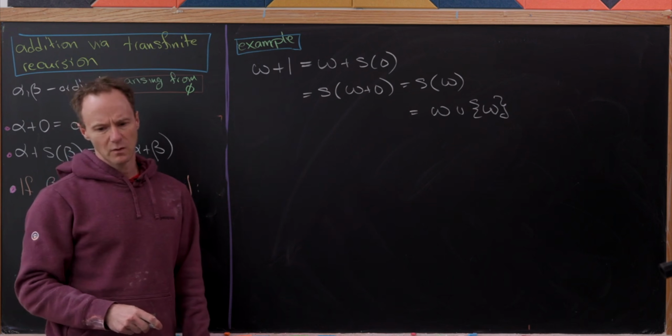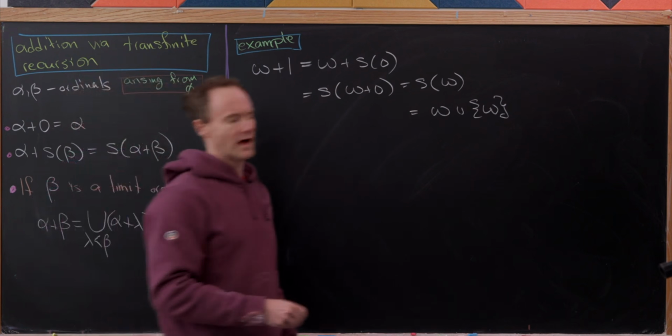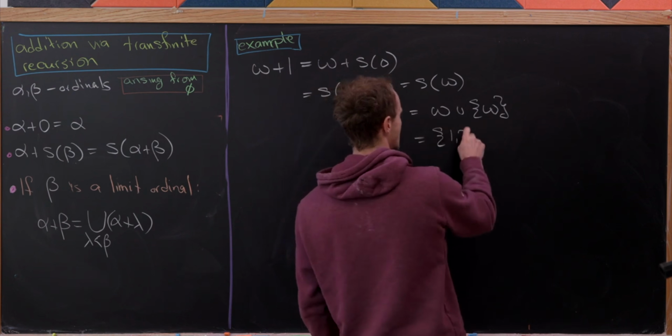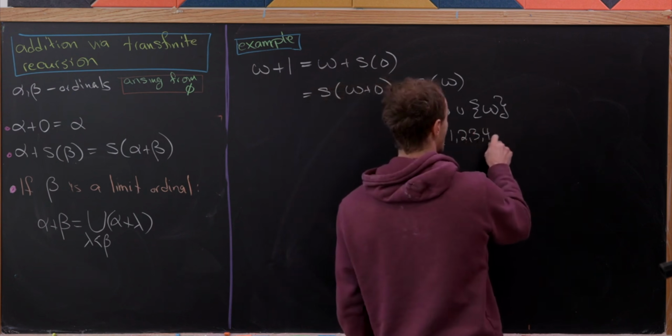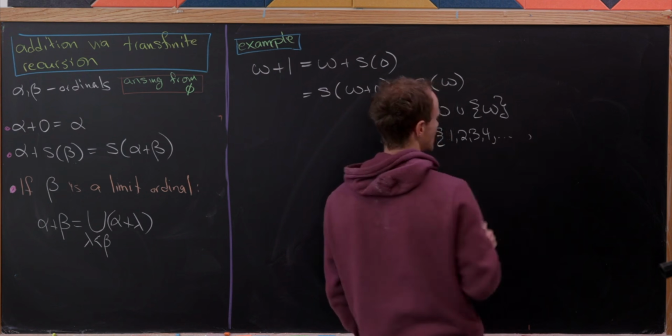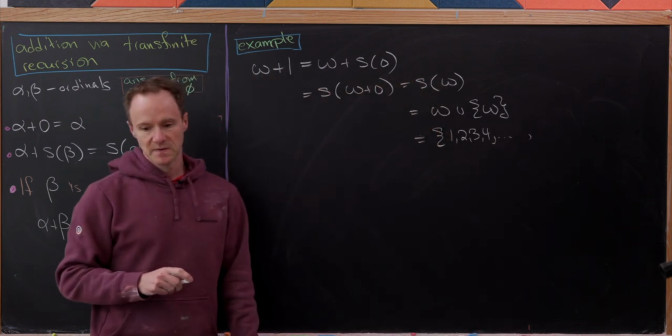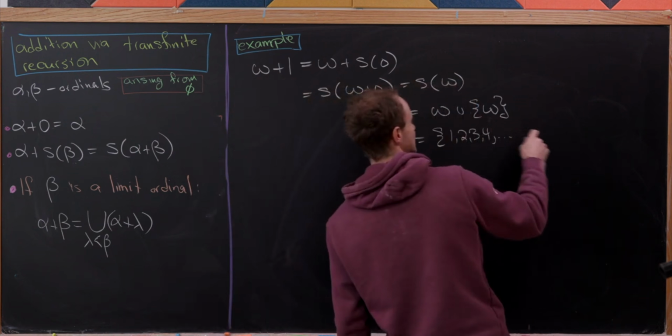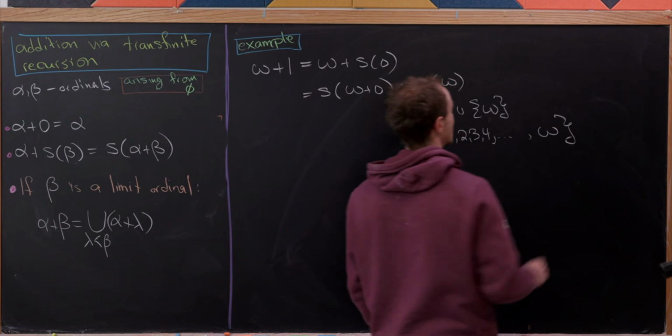So what does that really look like? Well, omega contains 1, 2, 3, 4, and so on and so forth, and that never ends. But at the end, we'll get this thing right here, omega itself.